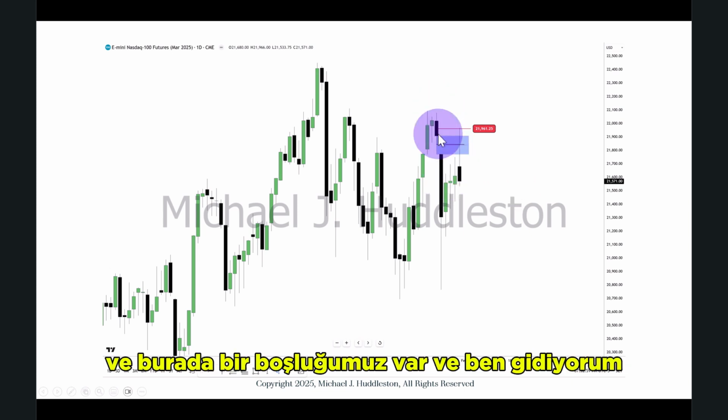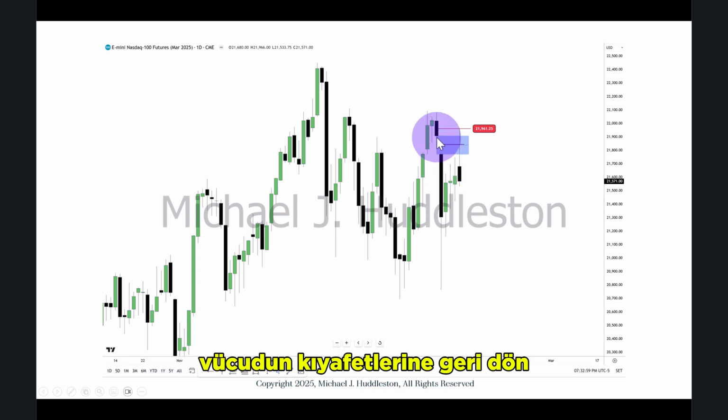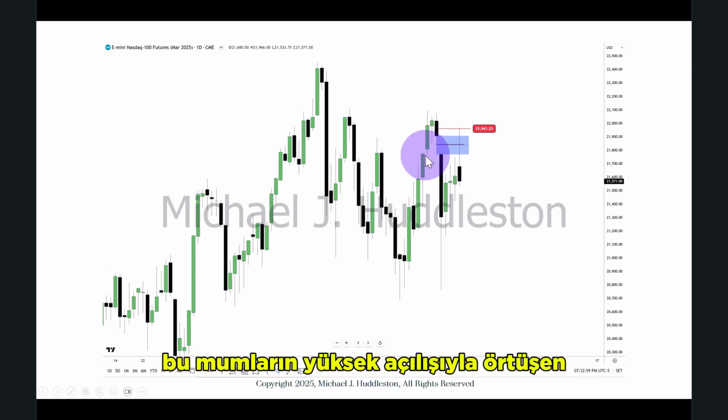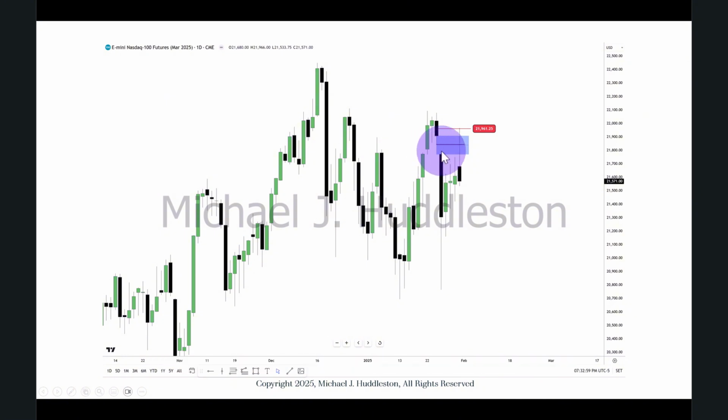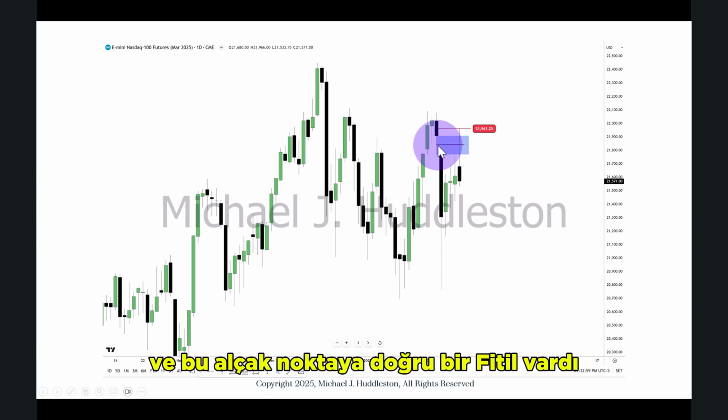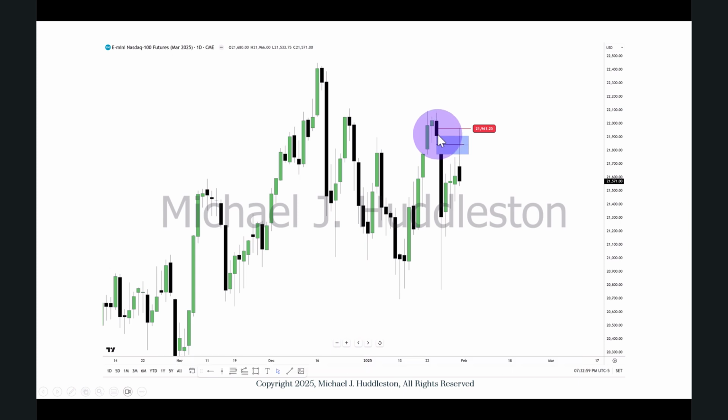Now we have a gap in here. And I'm going back to the body's close. The reason why is because there's a volume imbalance here that overlaps with this candlestick's open and high. So they're all the same price essentially here. And then this candlestick's close had a wick down into the low of this.